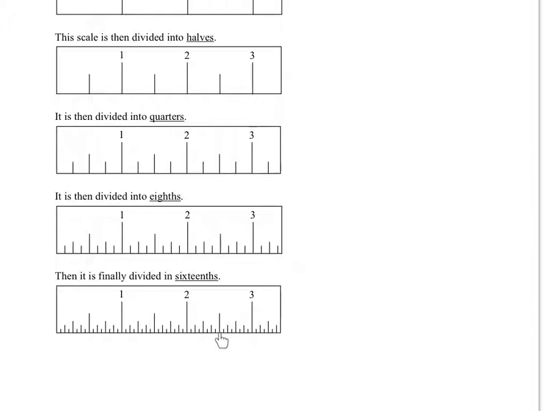So if we had this one saying 2 8/16, because there's 8 notches here, 1, 2, 3, 4, 5, 6, 7, 8. Then we have 2 4/8.